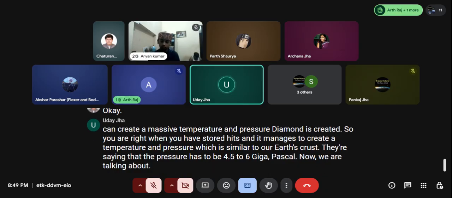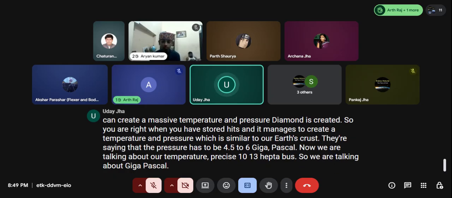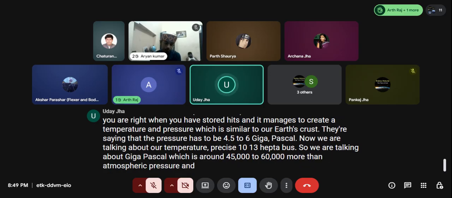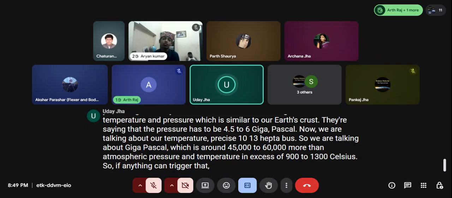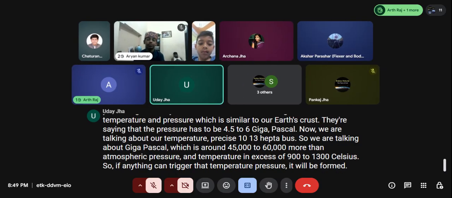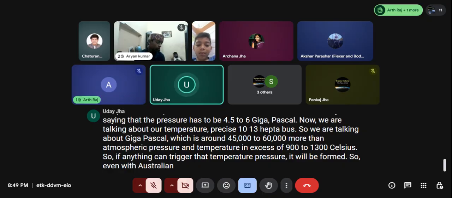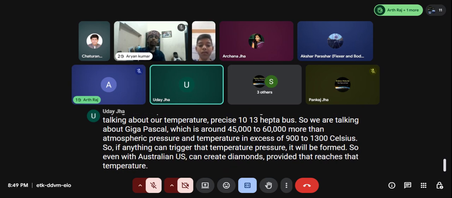Now we are talking about Earth's atmospheric pressure as 1013 hectopascal. So we are talking about gigapascal, which is around 45,000 to 60,000 times more than atmospheric pressure, and temperature in excess of 900 to 1300 Celsius. So if anything can trigger that temperature and pressure, it will be formed. So even an asteroid hitting us can create diamonds, provided that it reaches that temperature.